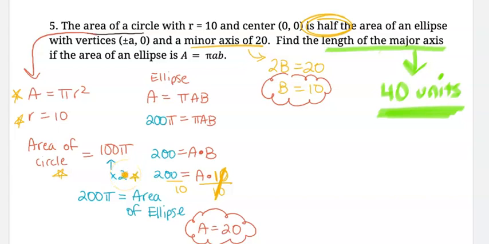And then I was able to determine that a times b would be 200. And so if I know b, because I know the length of the minor axis, I can figure out a. And then from there, that allows me to finish things off. Since the length of the major axis is 2a, I get a grand total of 40 units. And that was the last thing we needed to figure out.